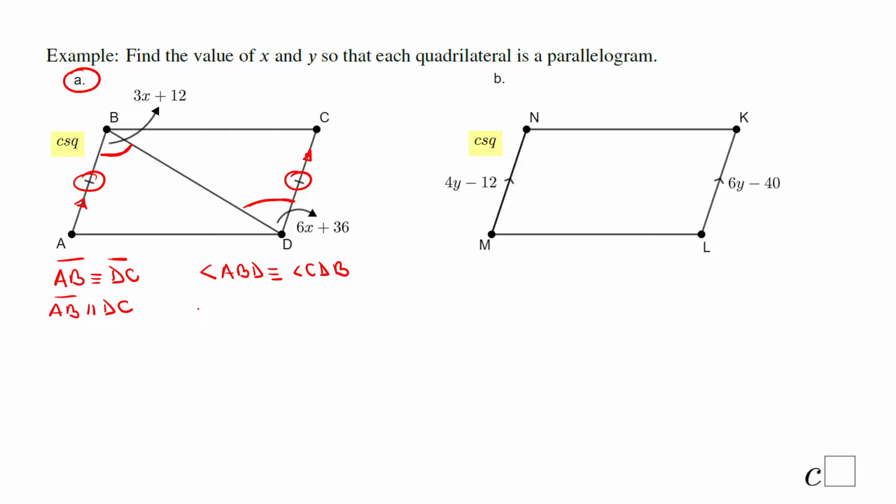So obviously here the measure of angle ABD should be equal to the measure of angle CDB. So now the equation is simply 3x plus 12 equals 6x plus 36.